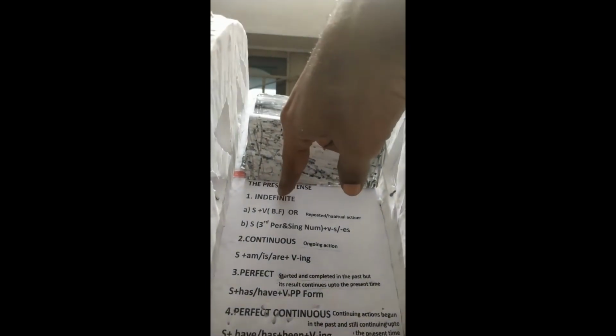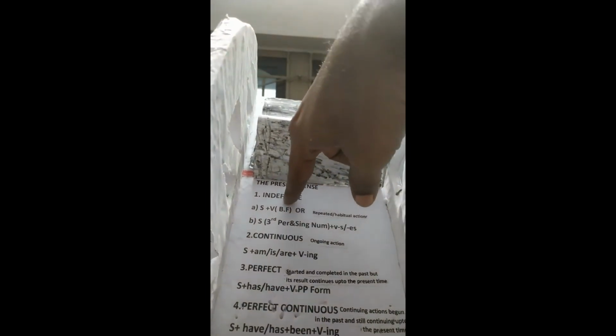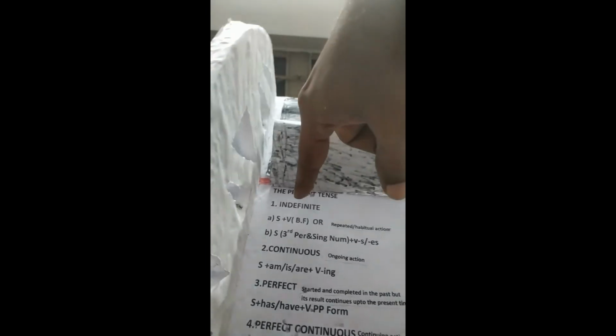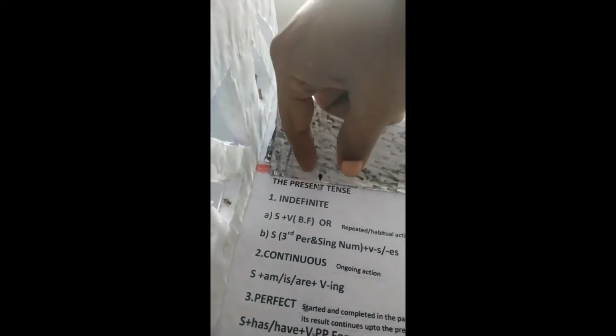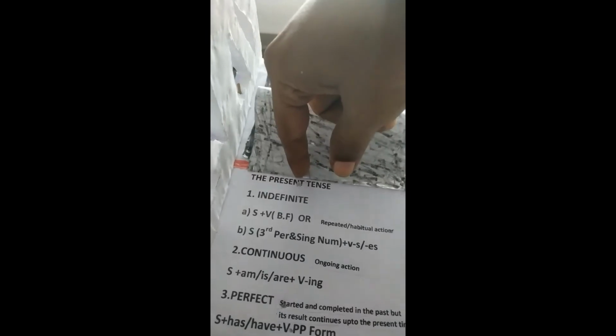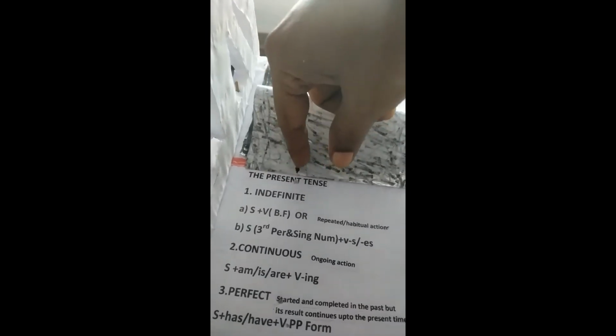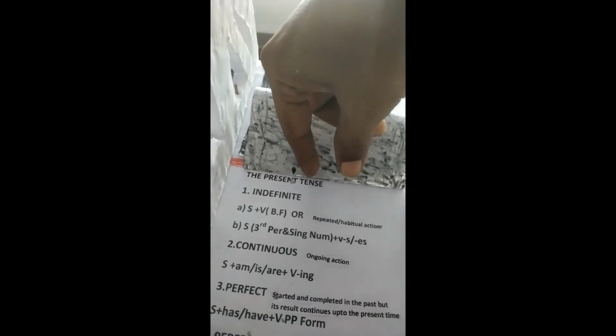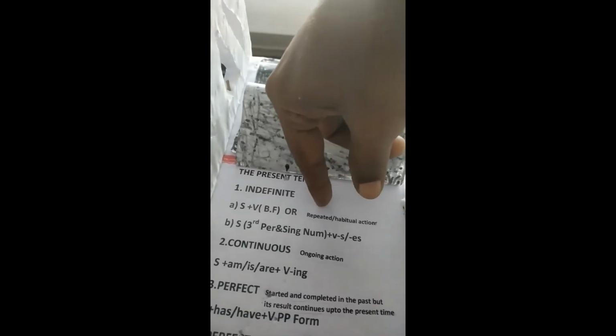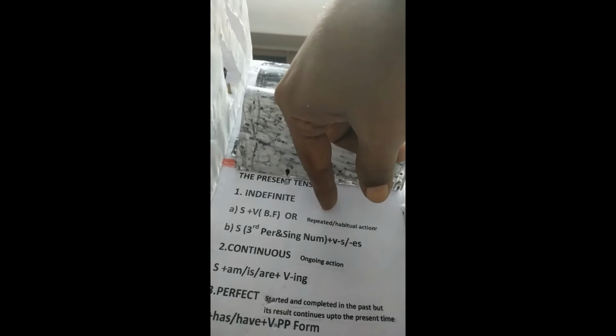Now I am going to describe the different divisions of the present tense. First comes the present indefinite tense. The present indefinite tense is that type of tense where the time of action continues at present.